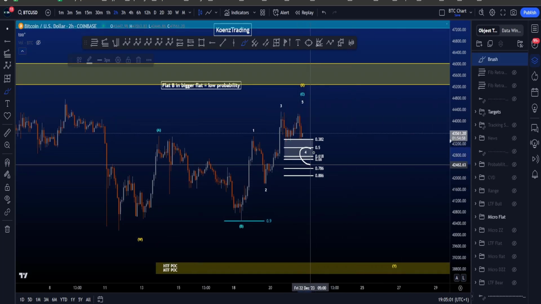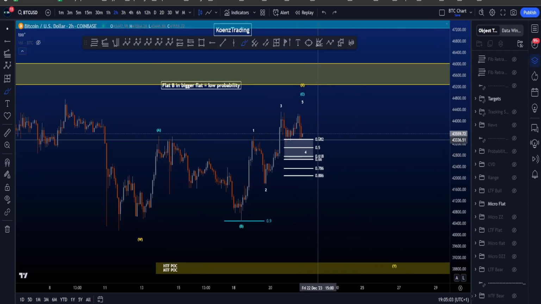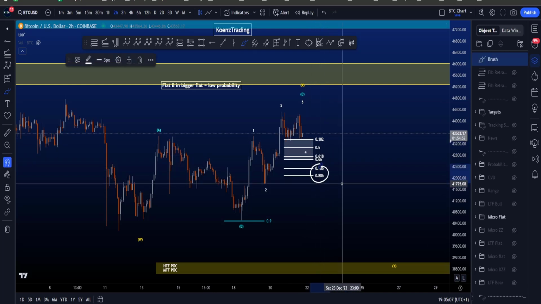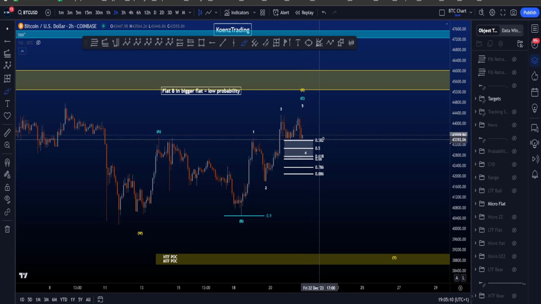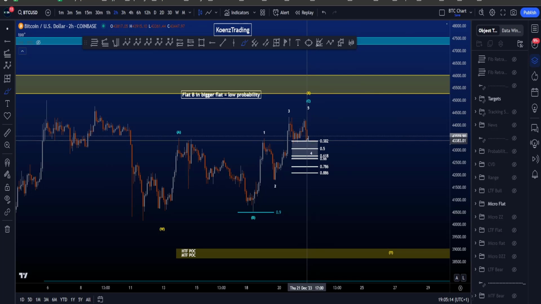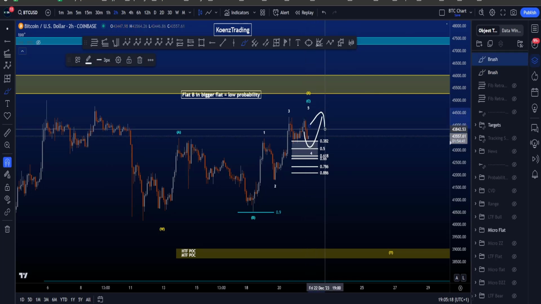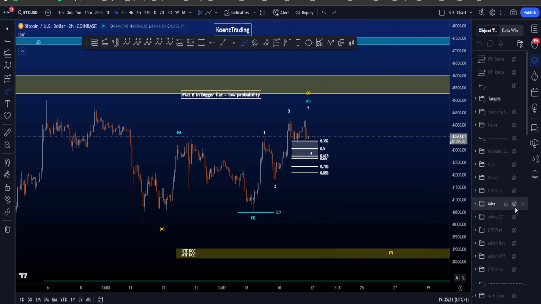The target area for a wave 4 in a diagonal is between the 0.382 and the golden pocket most commonly, and the 786, 886 being rare. As you can see, the 382 over here is currently acting as support. Even if price moves a little bit further to the downside, that's no problem. But in this scenario, we want to see a move to the upside.